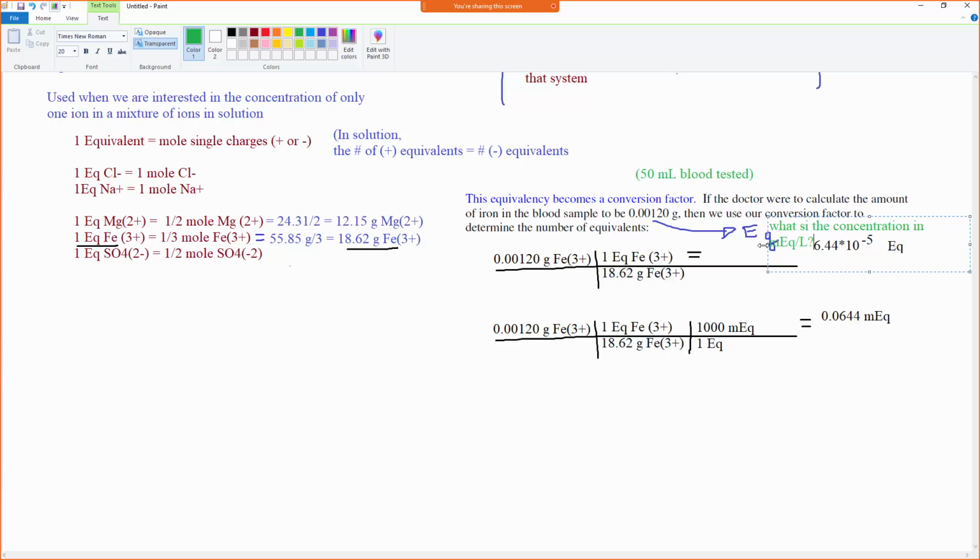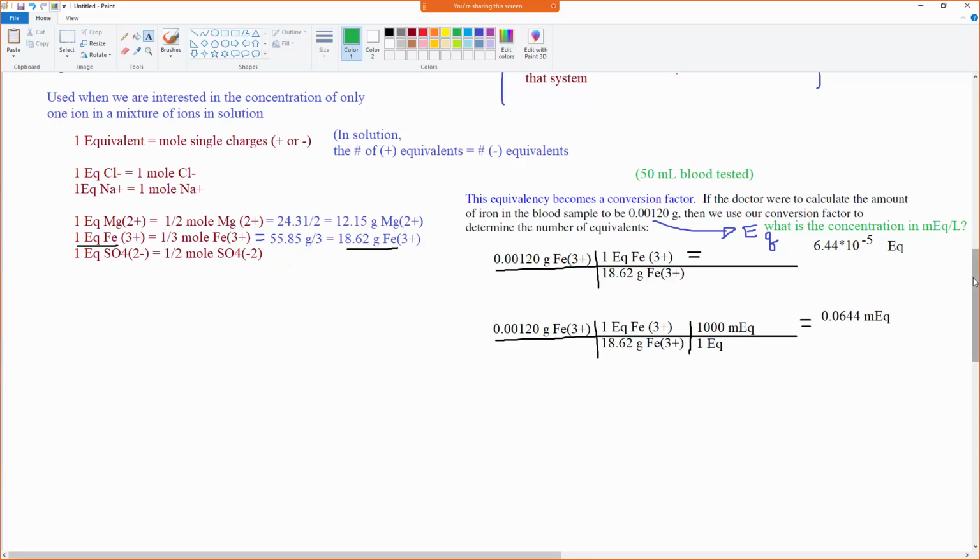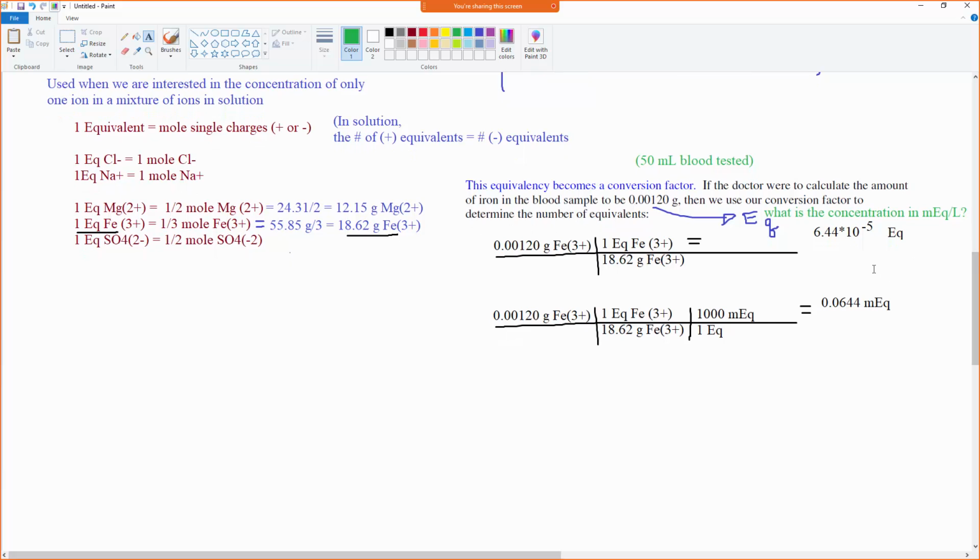In that case, you're going to say, all right, now I know the milliequivalents. I've done that bit. And I just need to get liters on the bottom, and they gave me milliliters. So this is just, again, it's just dimensional analysis.